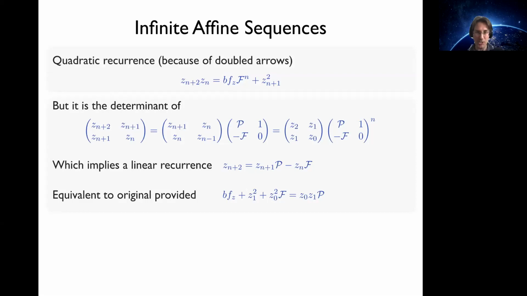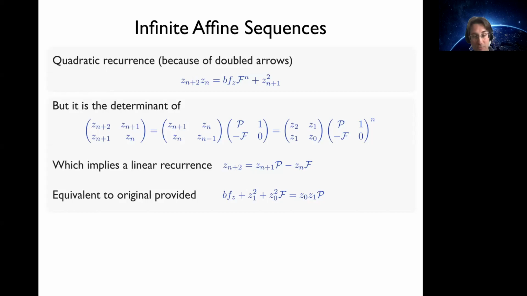But actually that quadratic relation can be rewritten as the determinant of this matrix relation, where if I arrange a matrix of these A coordinates, Z_{n+2}, Z_{n+1}, Z_{n+1}, Z_n, then I can get the matrix indexed by n from the previous one by right multiplication of this matrix given by P, 1, minus F, 0. So in other words, I can start with the initial matrix, Z2, Z1, Z1, Z0, and put n copies of this 2 by 2 matrix, keep multiplying from the right, and I'll get the matrix on the left.